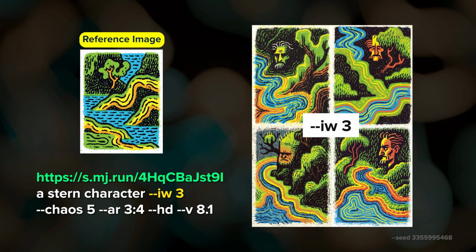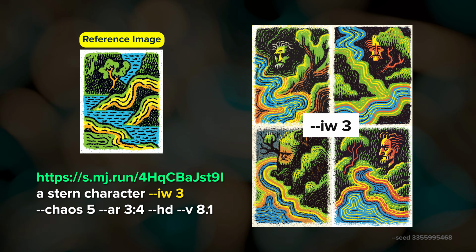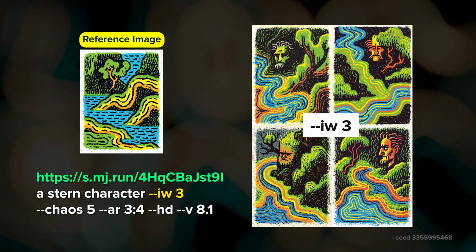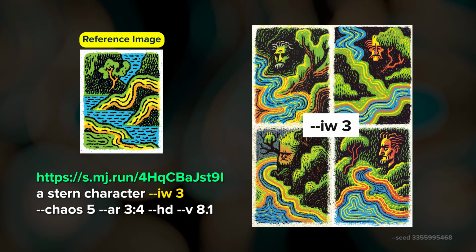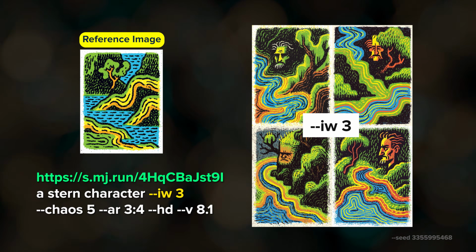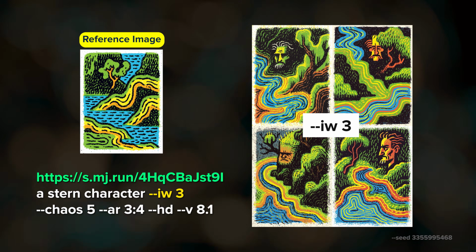There's much more similarity to the reference image in terms of the colors, line work, the overall composition, and even the tree gets pulled in. The reference image is dominating here, and the stern character has become a much smaller element. So image weight is one lever that you have to control this balance between your text prompt and your image reference. For most image prompt scenarios, using the default value of 1 works well, and you can adjust from there depending on your needs.